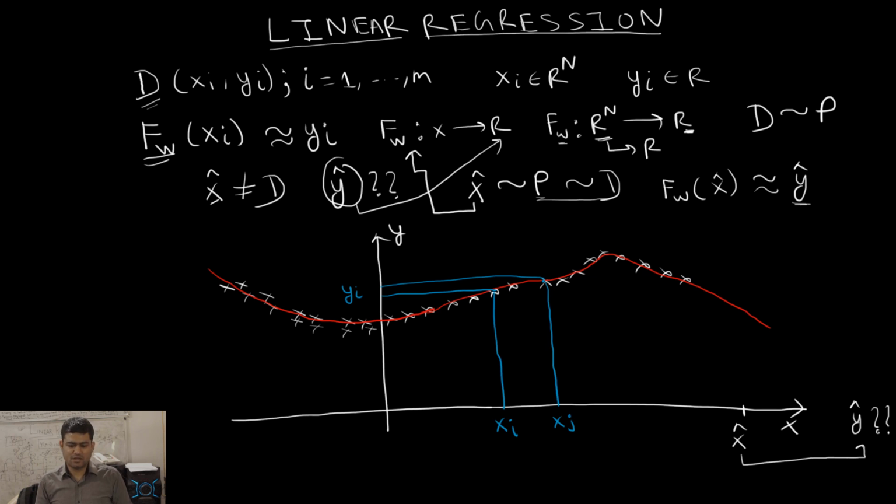If we have learned this function representation that best explains the data set, and if this x hat is drawn from the same distribution P from which the data set D is drawn, then we can just project this on the function. Using this function that we have learned from the data, we can get its corresponding value y hat.